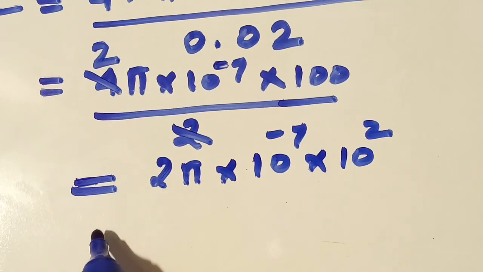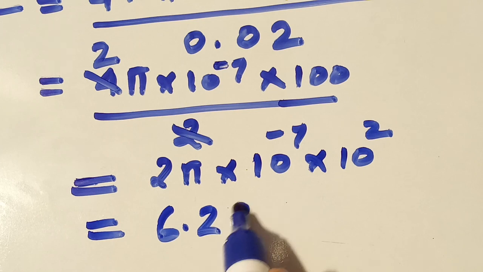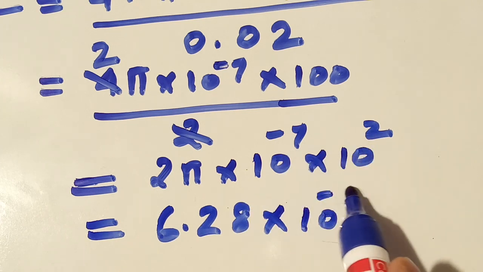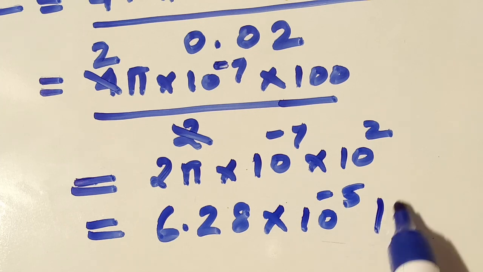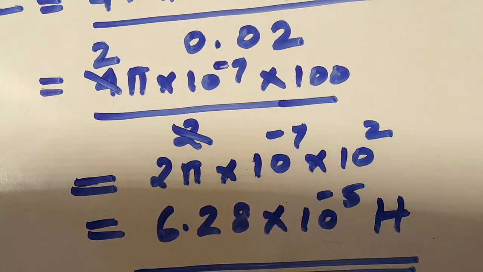This is equal to 6.28 times 10 to the power minus 5 Henry. So this is the answer: 6.28 into 10 to the power minus 5 Henry is the inductance for the given question.